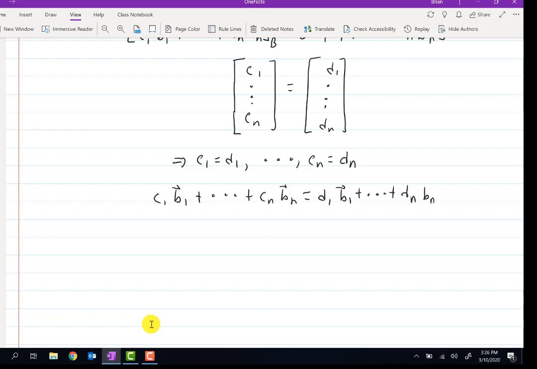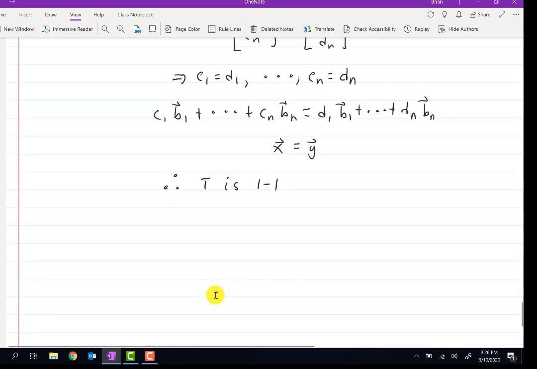They're attached to the same vectors, and they have the same coefficients. So therefore, this follows. This then means that x is equal to y. So therefore, this is a shorthand notation for one-to-one. So we've got that. Now, the next thing I want to show is that T is onto.